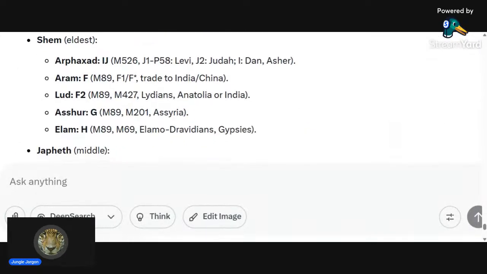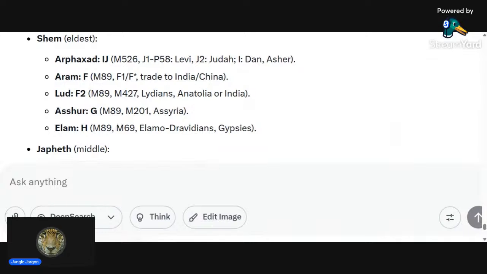So that's basically what we had done, or that I had already switched the birth order from Arphaxad. Before it was Arphaxad, Elam, Asher, Lud, and Aram, but now it's Arphaxad, Aram, Lud, Asher, and Elam.